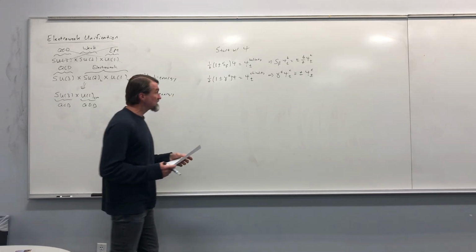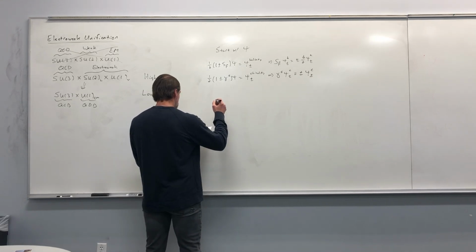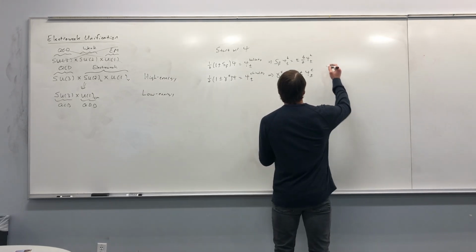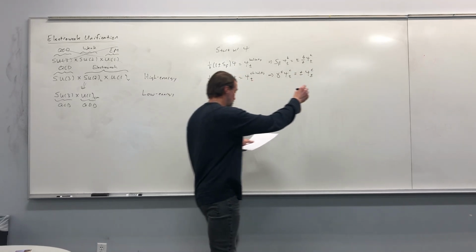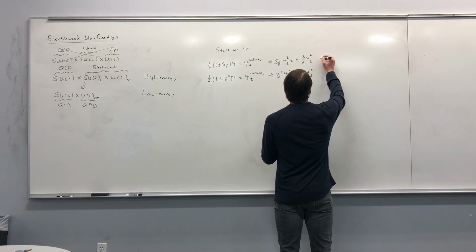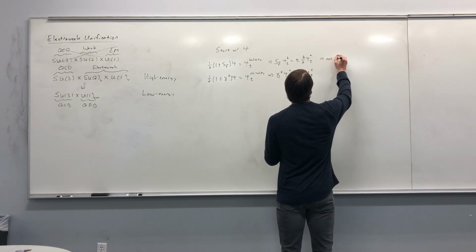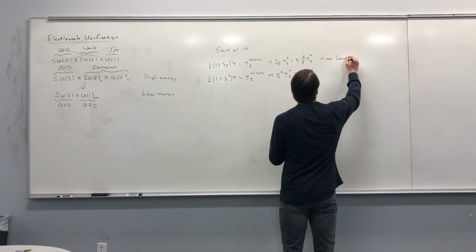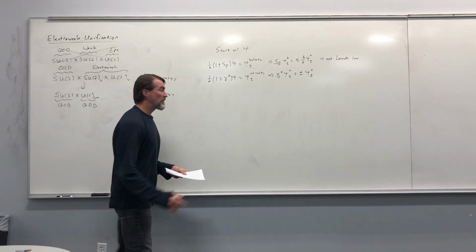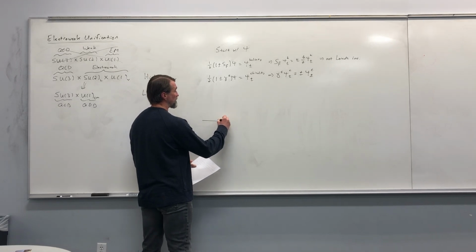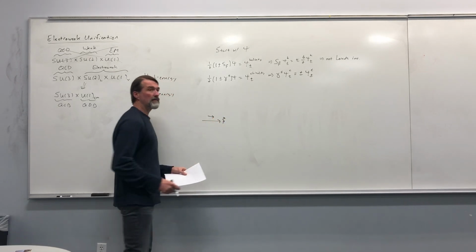There are even more differences. Okay? If I consider helicity, then helicity is not Lorentz invariant. But remember, when we talked about helicity, we said that's the spin and its alignment with the momentum.